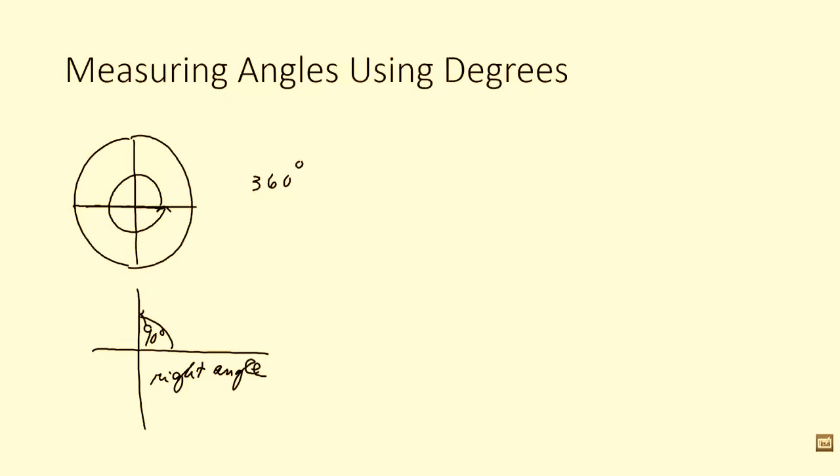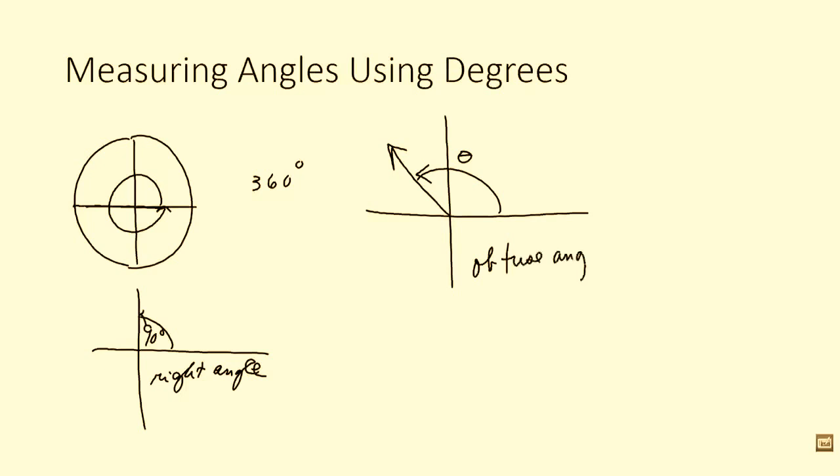Let's introduce some more terminology here. Let's consider an angle, and this is my theta. This is called an obtuse angle. An obtuse angle theta measures between 90 degrees and 180 degrees.